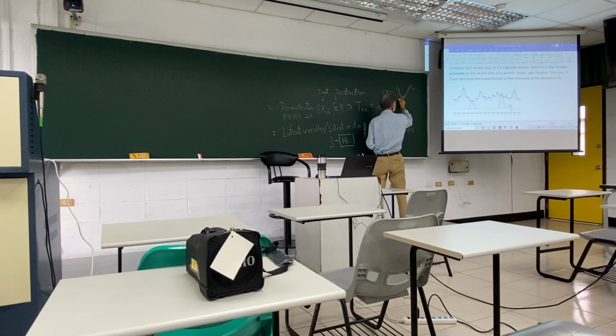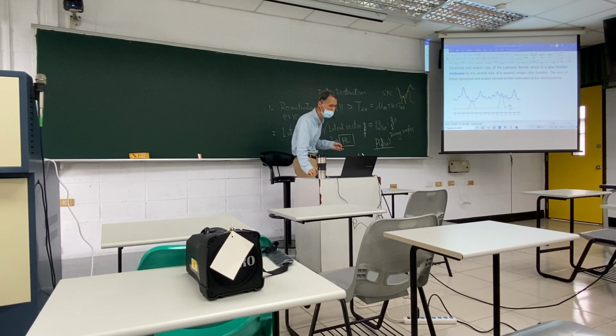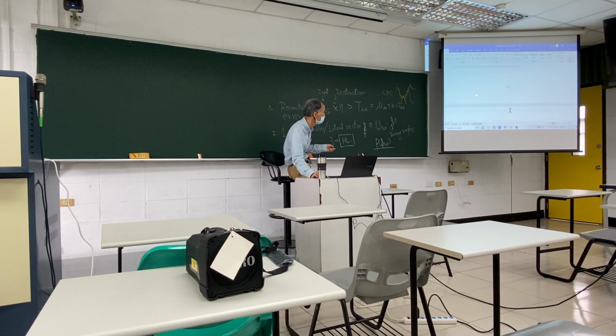But in this case, for different points you will use different sine functions locally to fit. So theoretically, you can have a better fit for the values. That's the only idea.